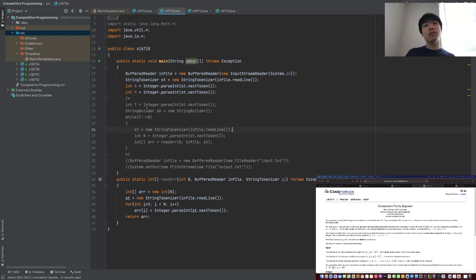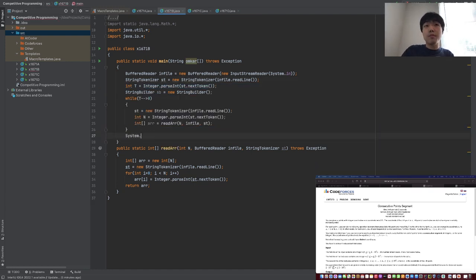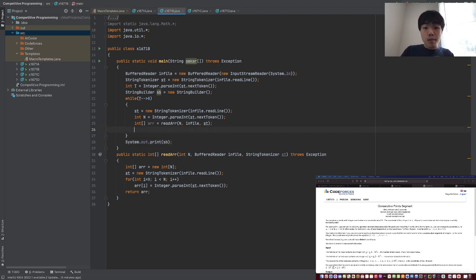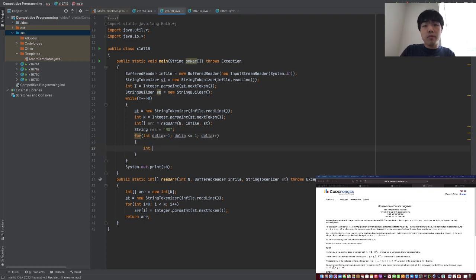Oh, okay. Can't we just try every possibility for the very first point? There's only 3 of them. Is this yes or no? Yeah. Delta less than or equal to 1, delta plus plus, and value is equal to array at 0 plus delta.